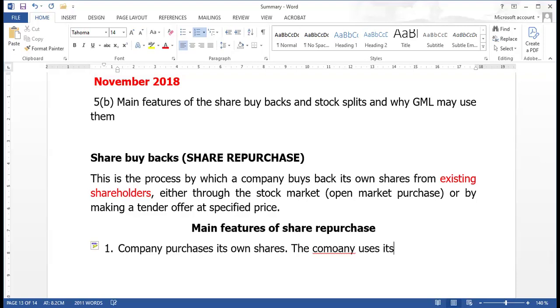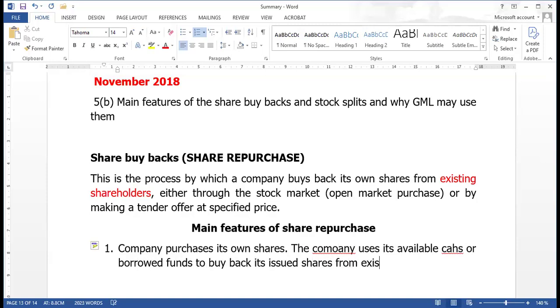Here the entity, the company, uses its available cash or borrowed funds to buy back its issued shares from the existing shareholders.